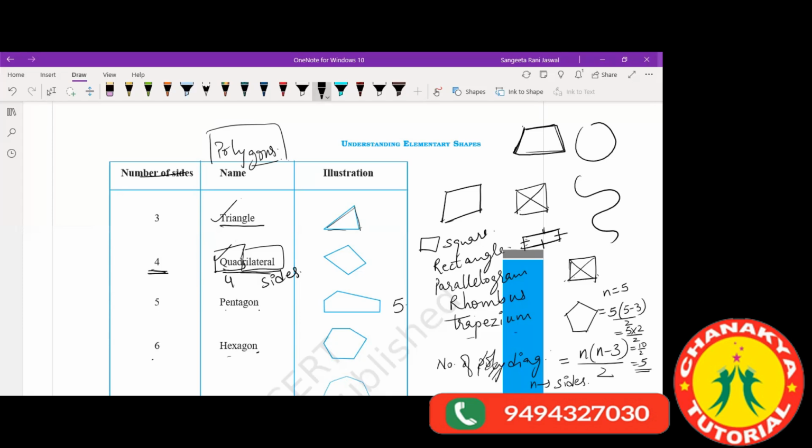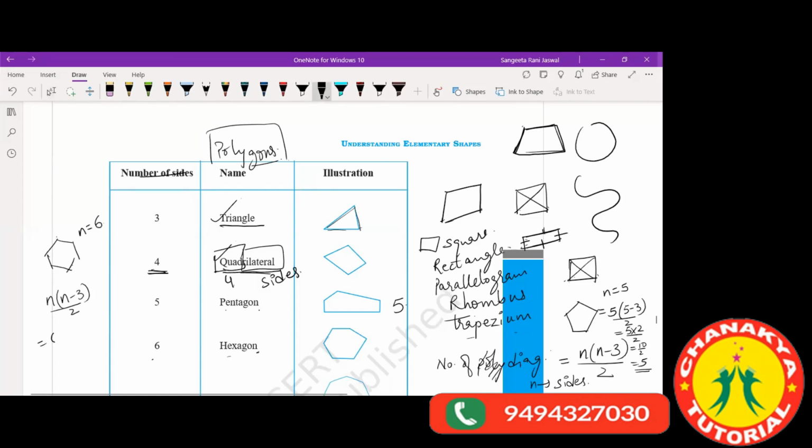Similarly, if I ask you to find the number of diagonals in a hexagon, a hexagon is a 6-sided figure like this. In the formula n into n minus 3 by 2, n is the number of sides, which is 6.